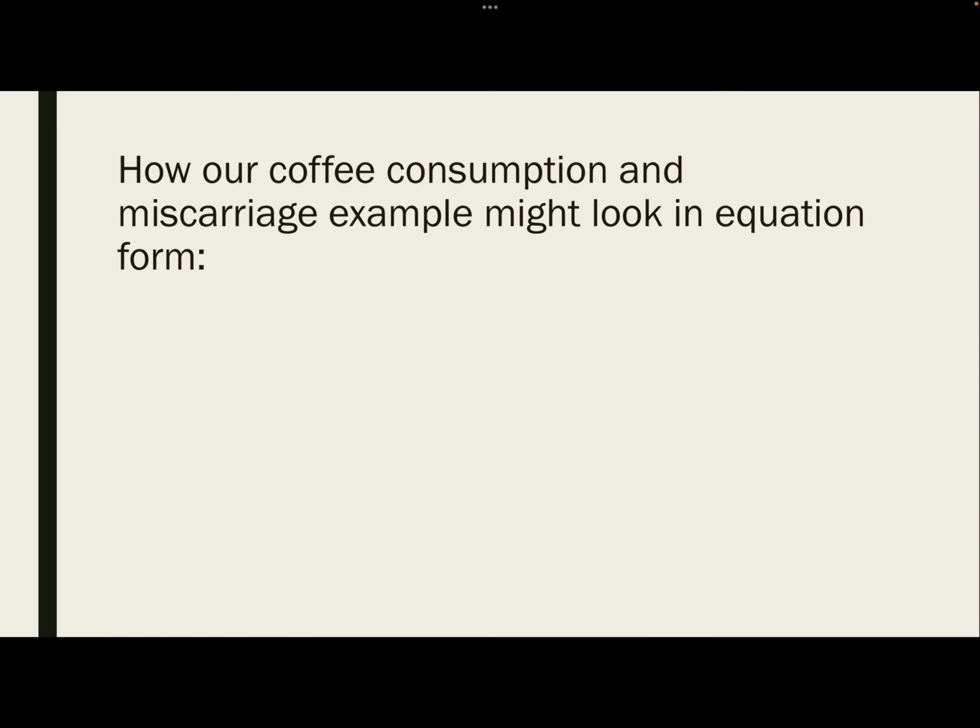Going back to an example from a previous video, we looked at how coffee consumption affects miscarriage. Originally people looked at a correlation, which you could get by running a regression with one variable in it, and this would give you some type of correlation. It wouldn't give you the correlation coefficient exactly, but it would tell you whether coffee consumption and miscarriages were positively related.